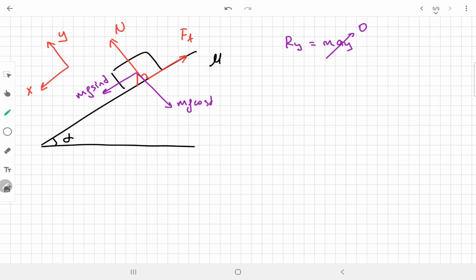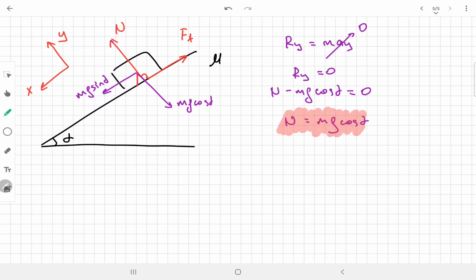It cannot go upward. It cannot enter the table surface. So no motion in y direction means acceleration equals 0. Resultant force in y direction equals 0. In y direction we have two forces, normal force and mg cosine alpha, opposite to each other. So N minus mg cosine alpha equals 0. So from here we understand that normal force, reaction force, equals mg times cosine alpha.